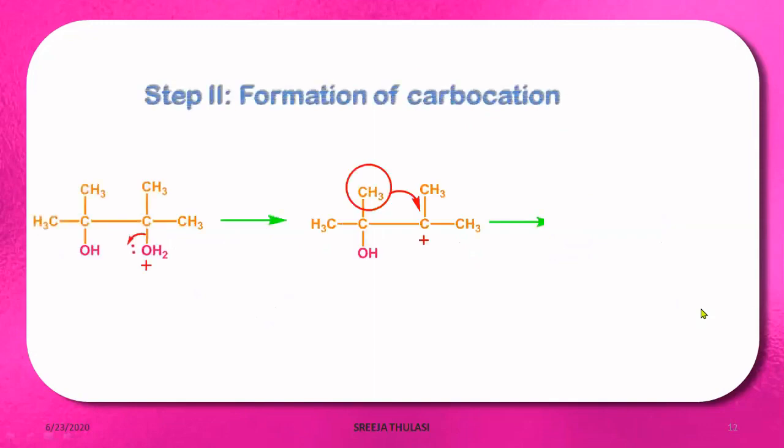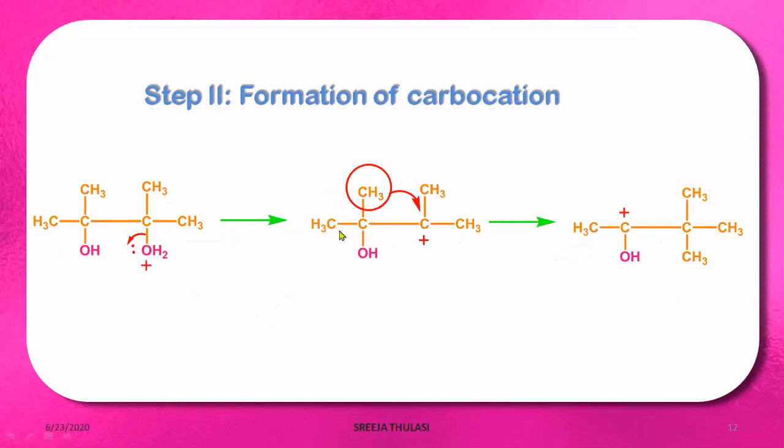So in step 2, which is the formation of the carbocation, this leaving group leaves as a water molecule, resulting in the formation of a carbocation. Now, this carbocation is unstable, so the methyl group migrates from one carbon to the second carbon along with its electrons.